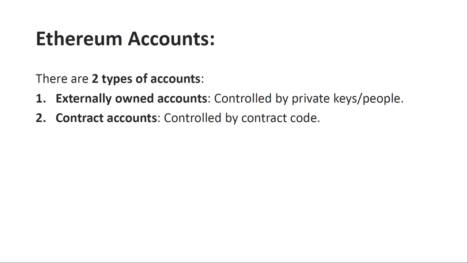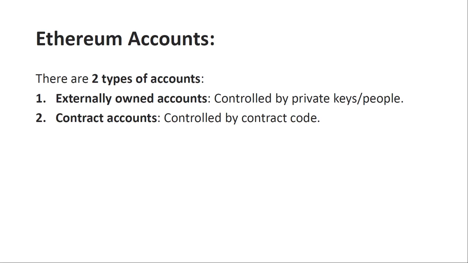Next, let's talk about Ethereum accounts. There can be two types of accounts. One is externally owned accounts, another one is contract accounts. Externally owned accounts are controlled by private keys or people, and they don't have code, but they can send messages, and those messages are called transactions.